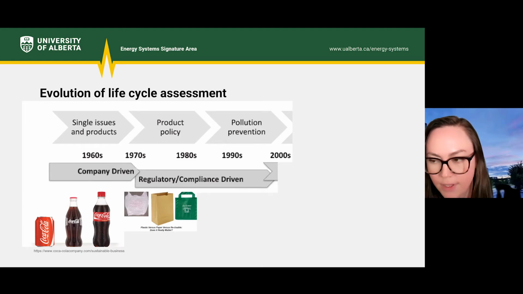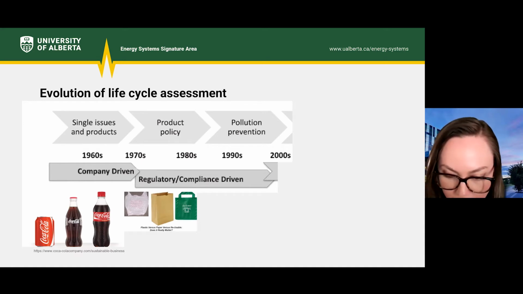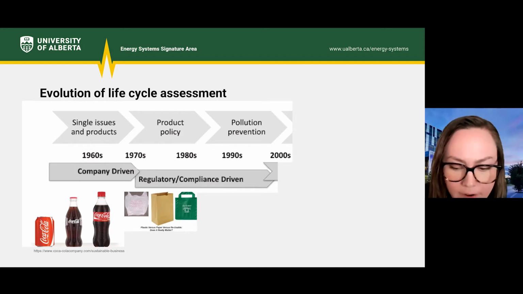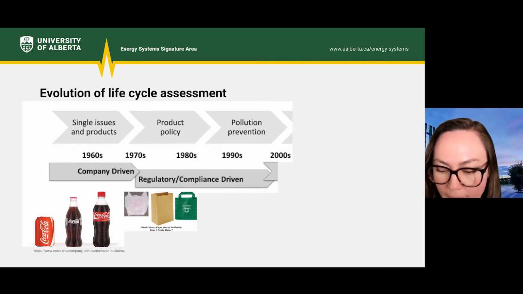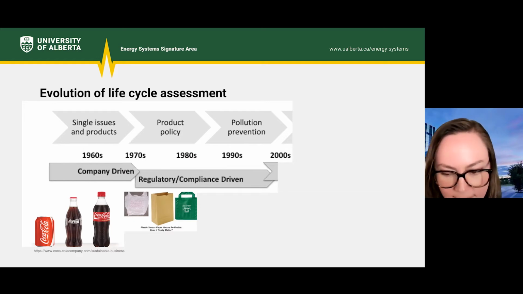A common example would be comparing plastic disposable to reusable cloth bags to paper bags. There were a lot of questions around the results and recommendations coming out of these studies and concerns about the robustness of the methods employed and the kinds of assumptions being made to draw those conclusions.